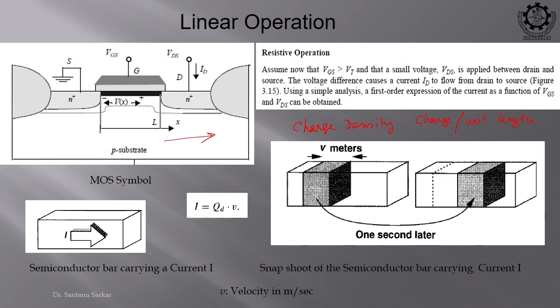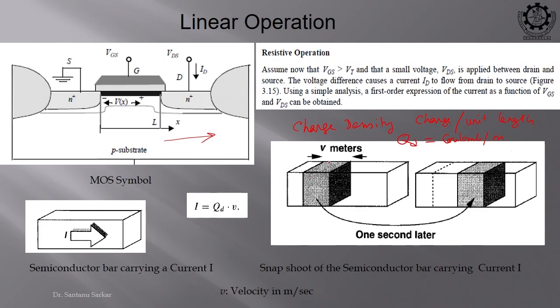This QD we are defining should have the unit coulomb per centimeter. So, this QD is not the total charge, this is charge per unit length, clear?